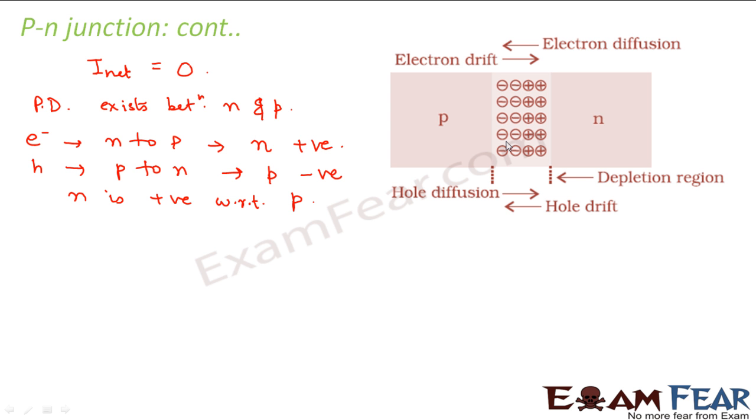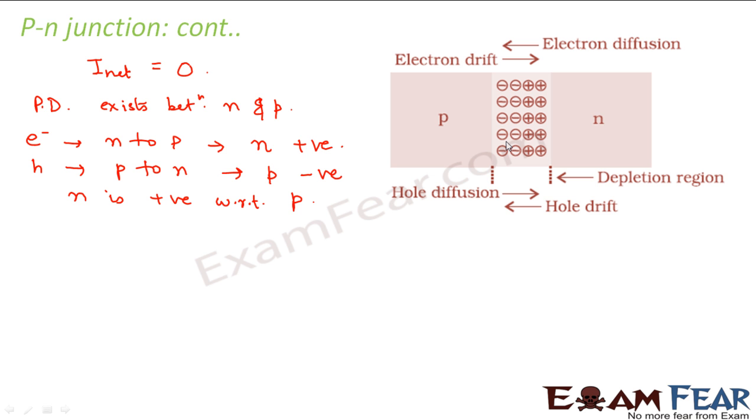Try to understand it in this way. As soon as you join a p-type and n-type, due to the difference in concentration, diffusion starts. That is, majority charge carriers start flowing from N region and P region, right? As a result of this, the depletion region is formed. Now, as this diffusion continues, the depletion region increases in width.